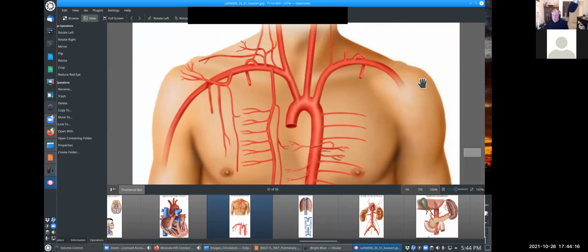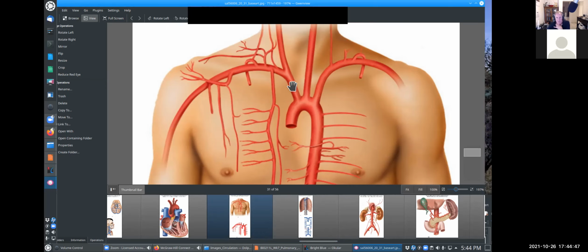Okay. So name these three arteries for me, coming right off the aorta. We've got subclavian. We've got common carotid. Which side? We start from left to right. Right subclavian, and then common carotid, and then left subclavian.